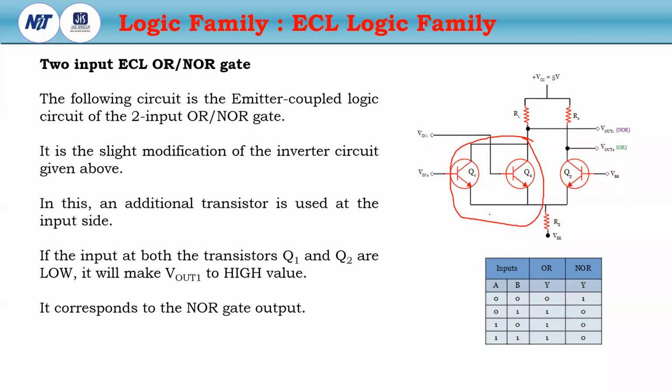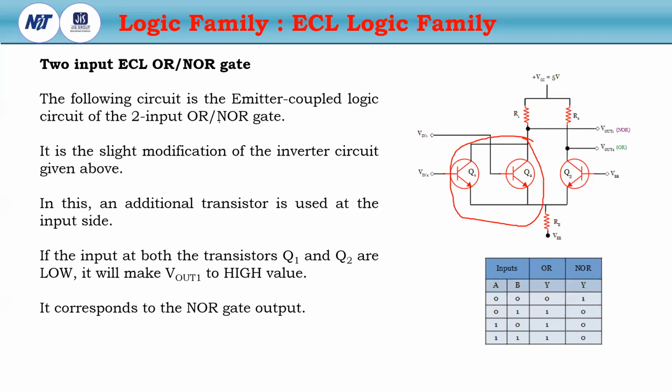So here I give the example of OR and NOR. The homework will be the NAND and AND. Okay. Please write the operation of the NAND and AND emitter coupled logic and send it to me through WhatsApp. Okay.